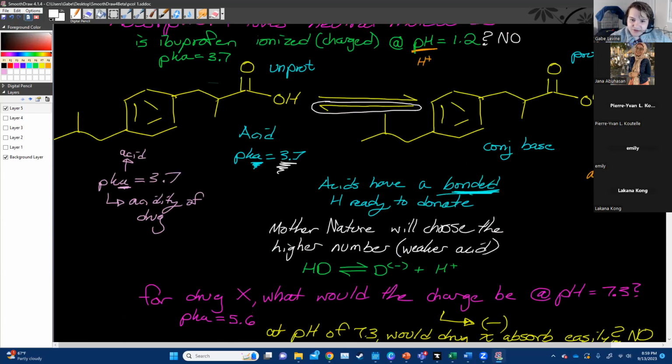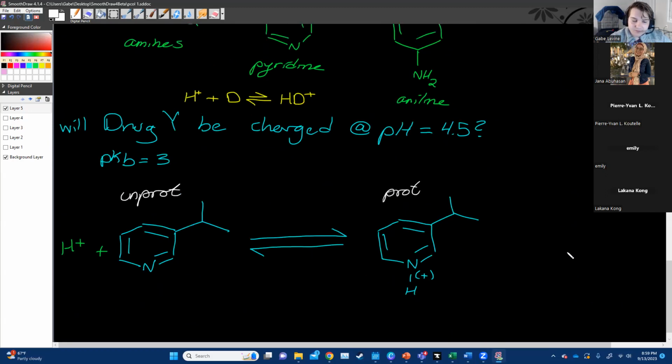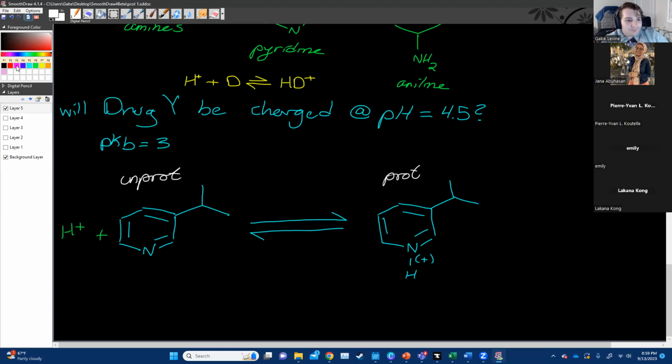That's why they're opposites of each other. So what do we always say? pH will always describe the H plus ion. So we put our pH over here, and we say that this is 4.5, which means that where are we going to put pKb? Well, we can't put it on the same side, so it must go on the opposite side.